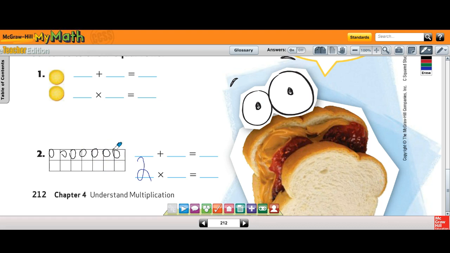So 7 in each row. So 2 times 7, you can just add them all together, or count all the squares. That's 14. Now my addition sentence, both numbers have to be the same. How many in this row right here? 7. How many in this row? 7. So 7 plus 7 is 14.